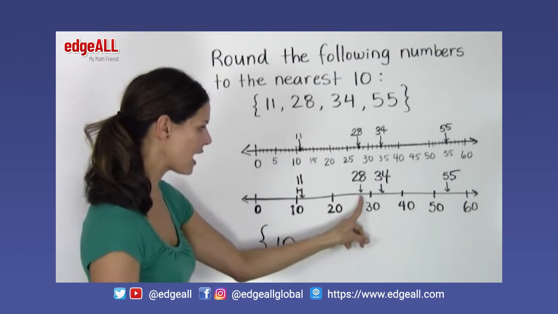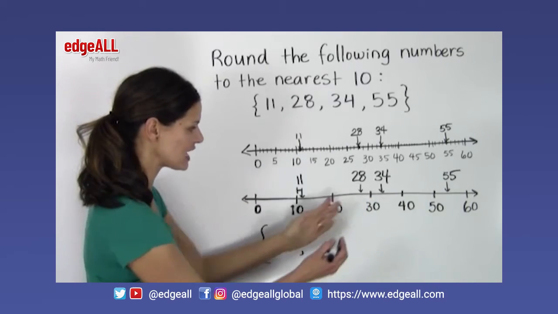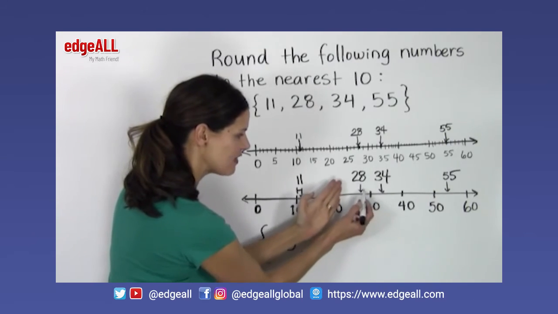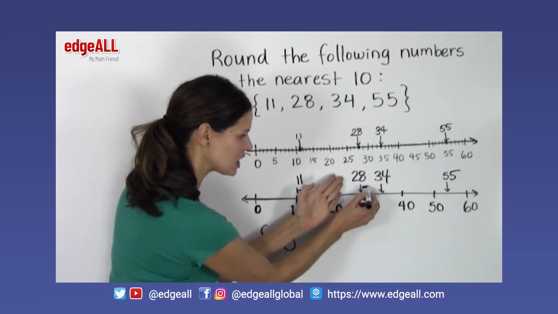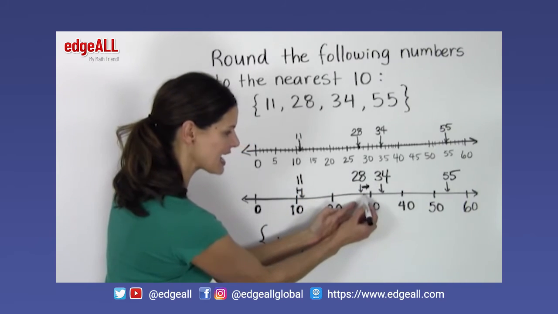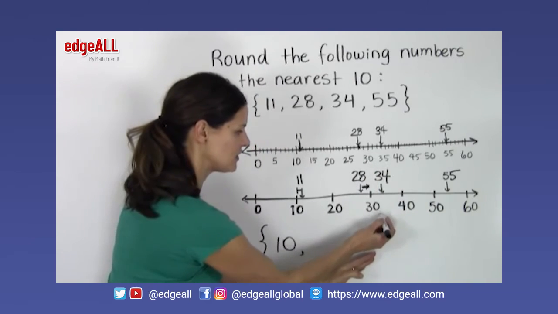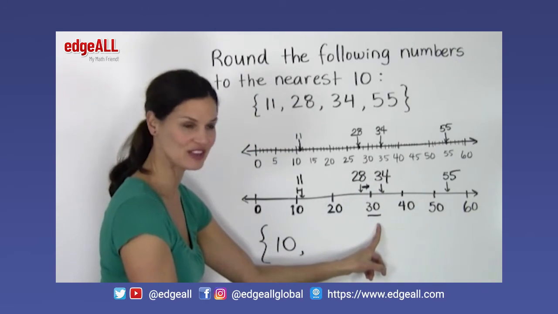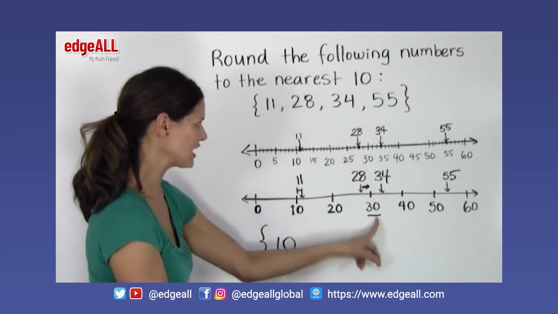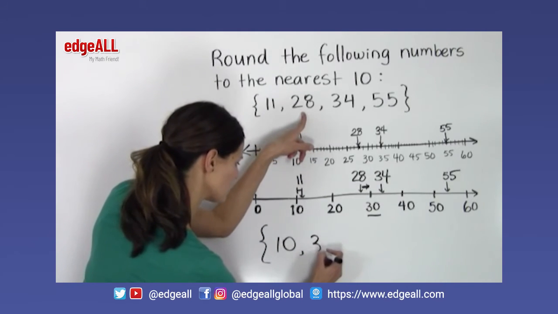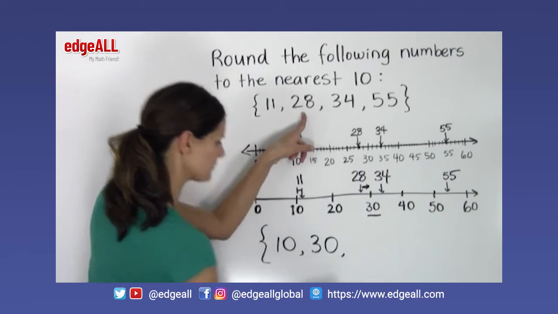And so I know I'm going to round up to the 30. I can see visually that my 28 is really close to the 30. I slide that 28 up on the number line to the next closest multiple of 10, which is 30. So my 28 is rounded up to 30.